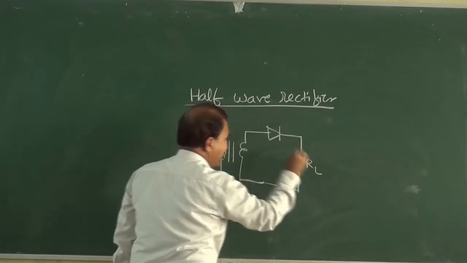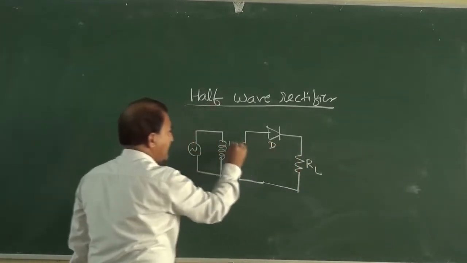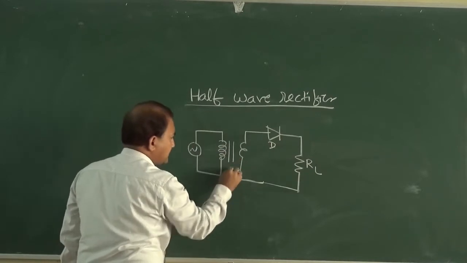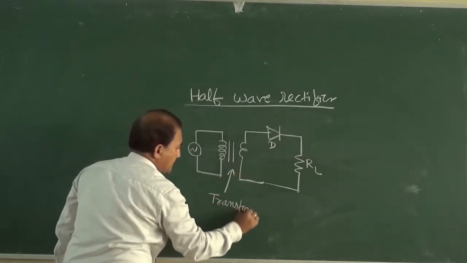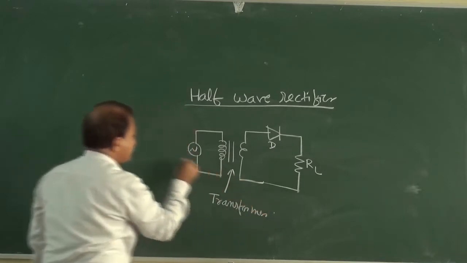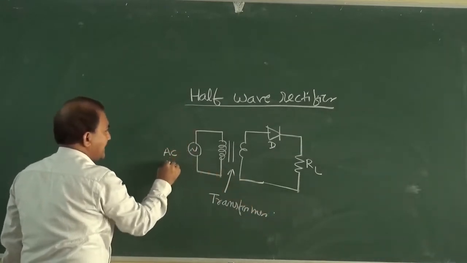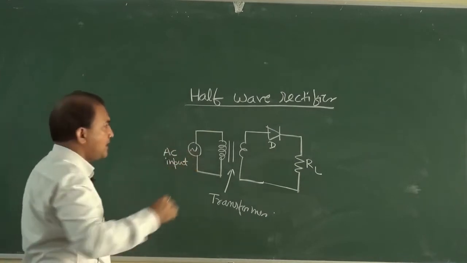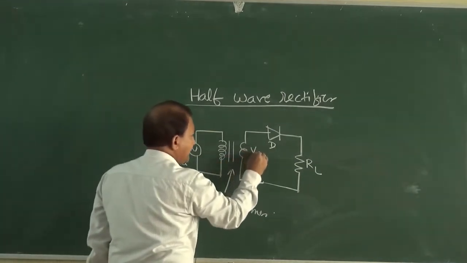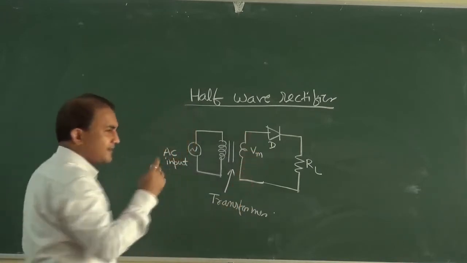Say this is RL, this is diode D, and this is transformer. This is AC input. Now it is Vm. What is Vm?